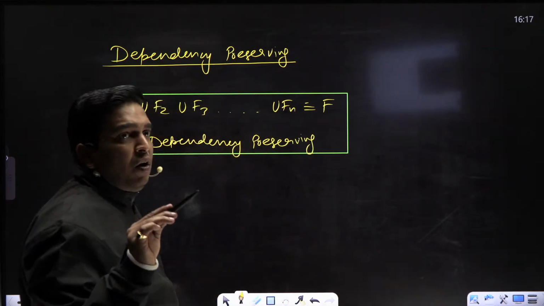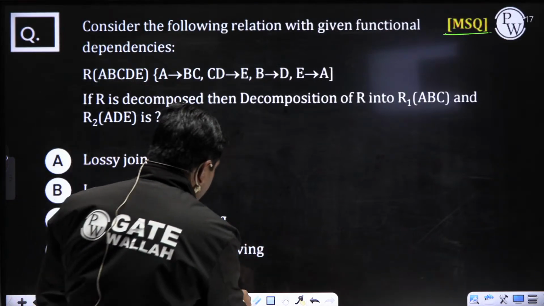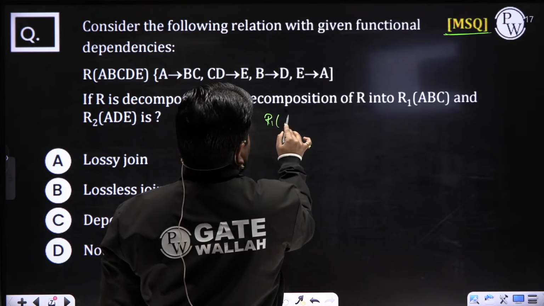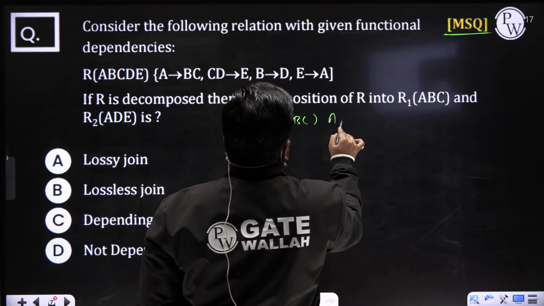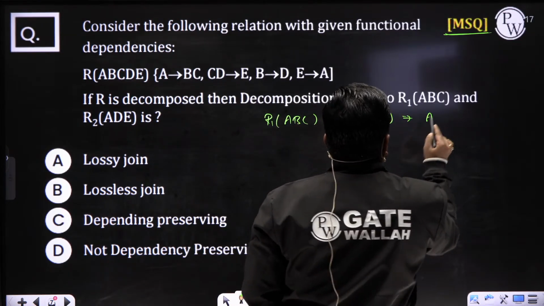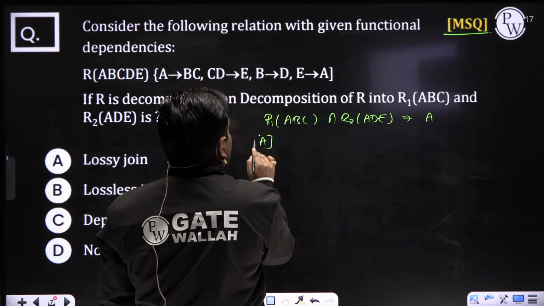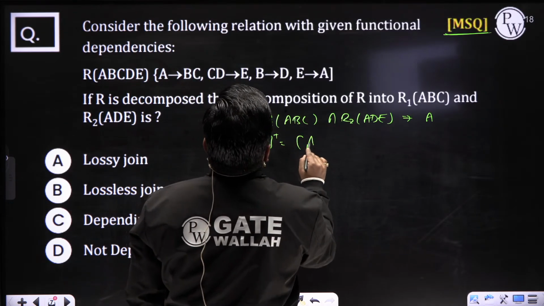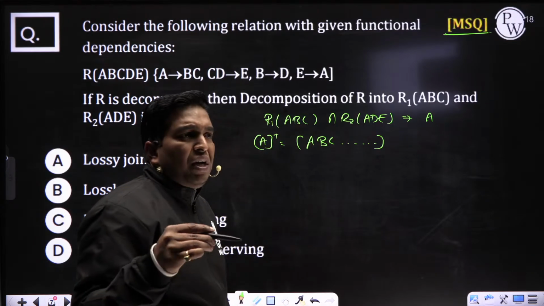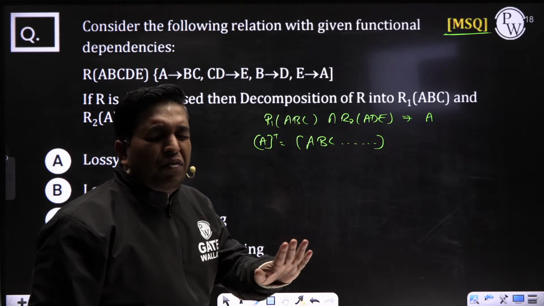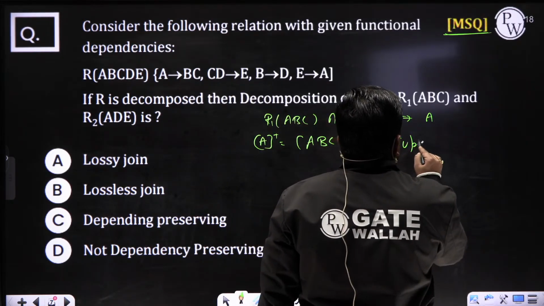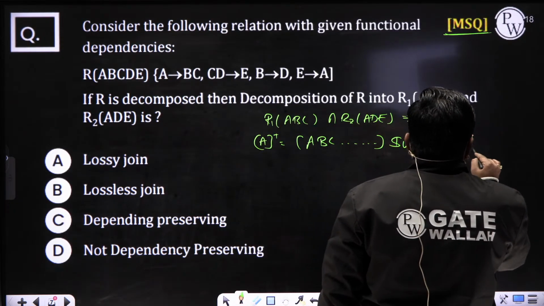Clear? Now let's check. What is the decomposition? R1 is ABC, R2 is ADE. What is the common attribute? A. When you take the closure of A, you get A, B, C and more, but we stop because we are getting a super key of one of the relations, here a super key of R1.